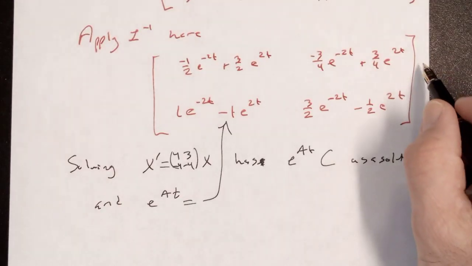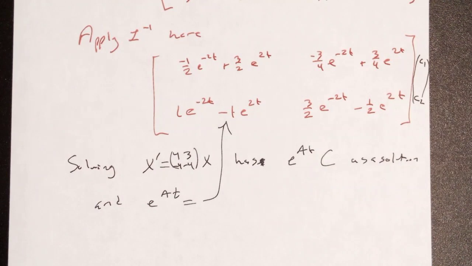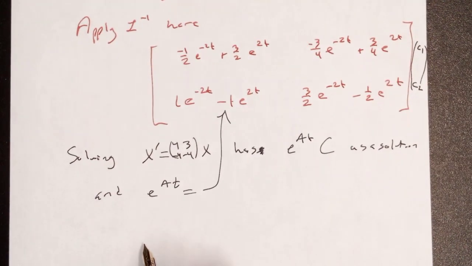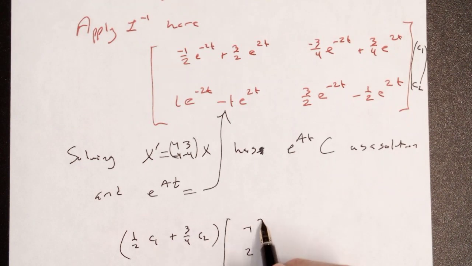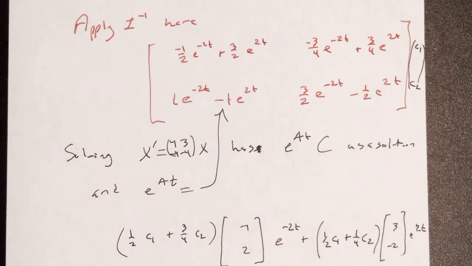If you put a C1 here and a C2 here, and you multiply and simplify, you will get the same sort of number, vector, e to the 2t, e to the minus 2t, the exact same kind of solution we got the other way.